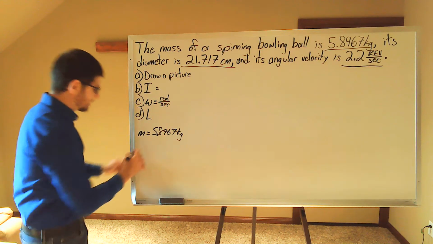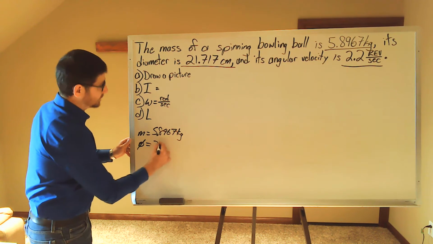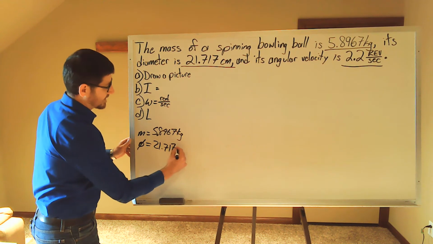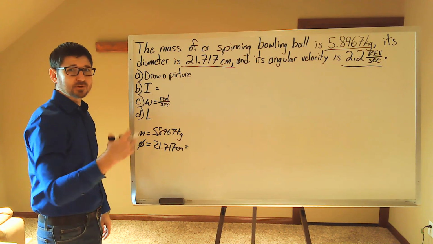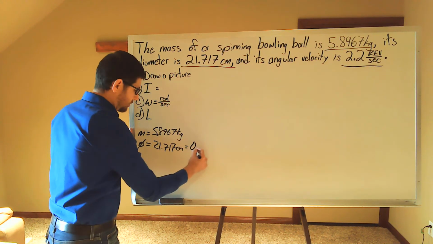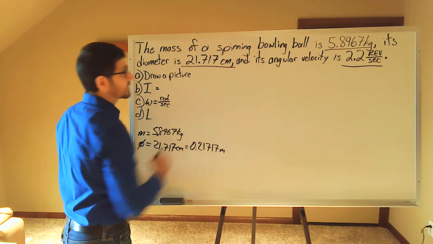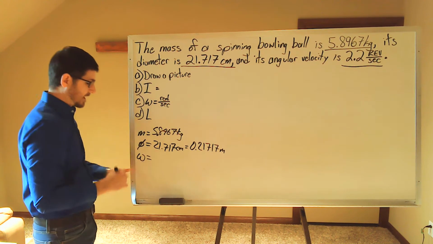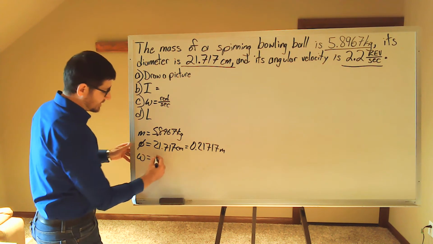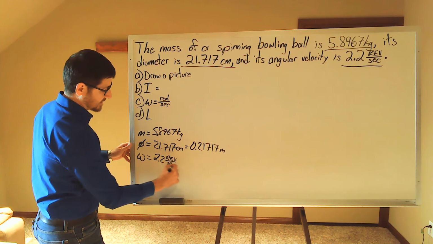The diameter of the bowling ball, 21.717 centimeters. Let's convert that into units of meters: 0.21717 meters. And our angular velocity, identified by lowercase omega, is 2.2 revolutions per second.